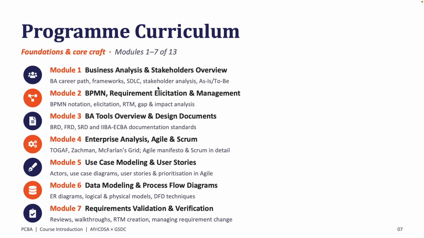There is what we call the RTM, then creation. So we learn about the RTM, managing requirement changes and everything. Because at the end of the day, if it is a project, remember that you have to track the requirements that you've used. Because if it is a big organization, sometimes an audit is normally done. And remember that this is a project of the company and it has to be audited.